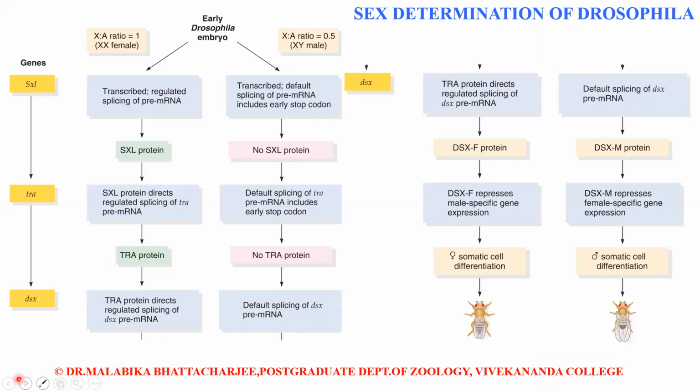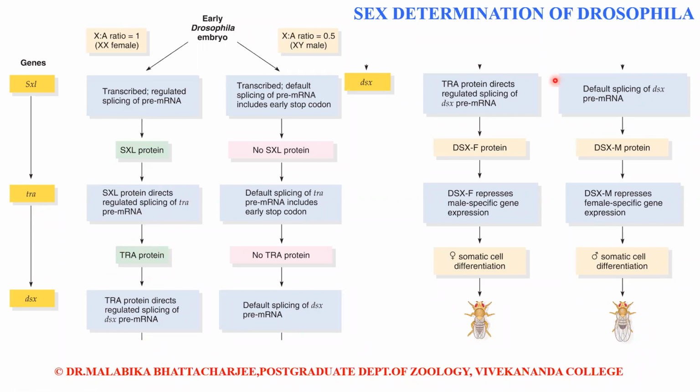And this is the summary of the cascades which we just now studied. As you can see, X to A ratio female, X to A ratio male. In case of X to A ratio female, we are getting the regulated splicing of the pre-mRNA. So we are getting the SXL protein early and late. The SXL protein now directs regulated splicing of the TRA pre-mRNA. We are getting the TRA protein.